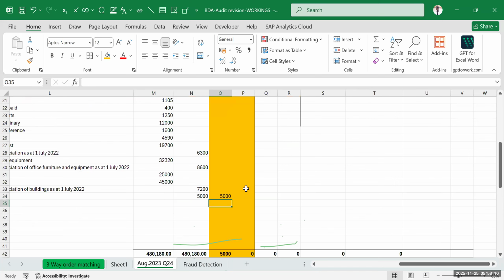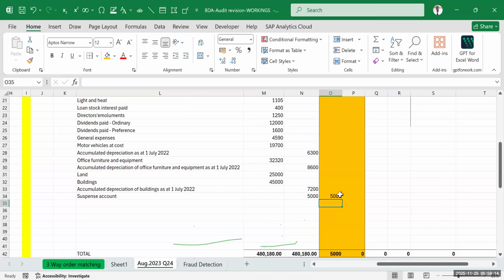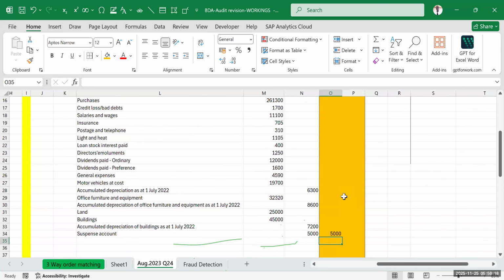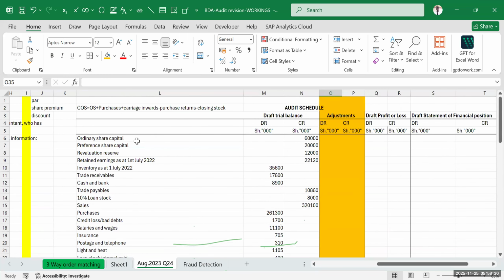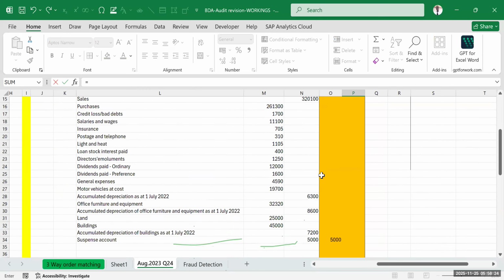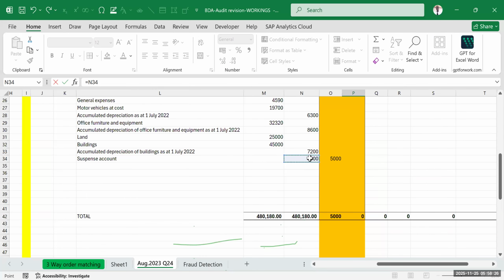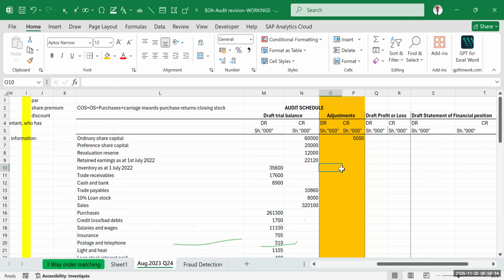Then after I've done that, I will now do another. For every debit entry, there is a corresponding entry. That is the rule of double entry. So in the ordinary share capital account, we are going to increase it by 5,000 or 5 million. Why are we increasing it? Because there are additional shareholders who have come in. They've brought in money. So our share capital base is going up by 5 million, or 5,000 in this case.